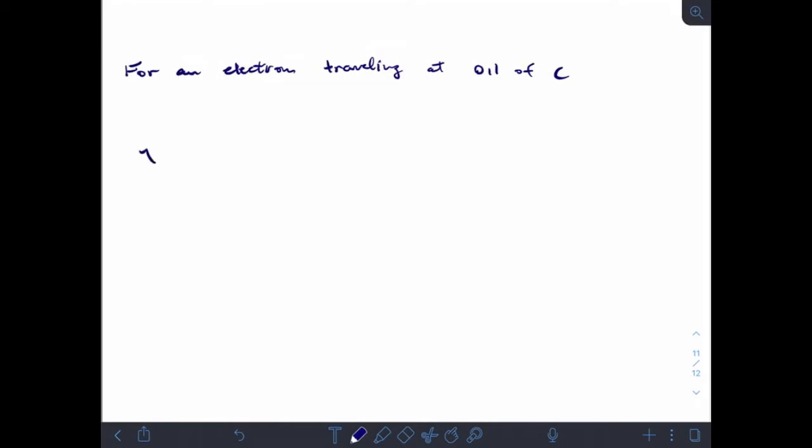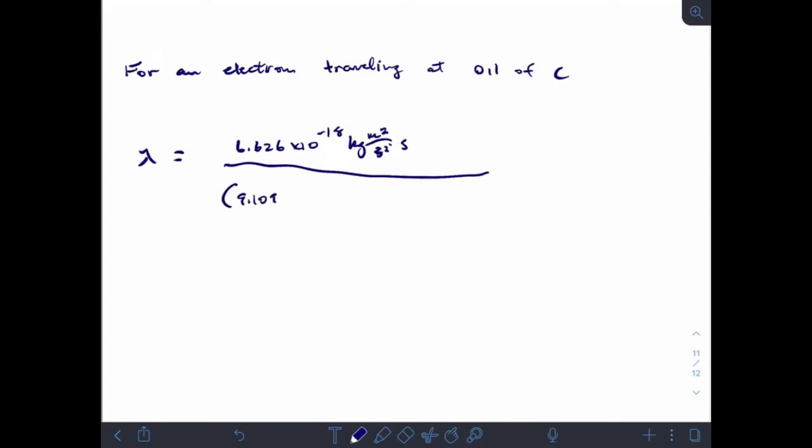Our de Broglie wavelength for an electron traveling at that speed: the mass of an electron in kilograms is 9.109 times 10 to the minus 31.